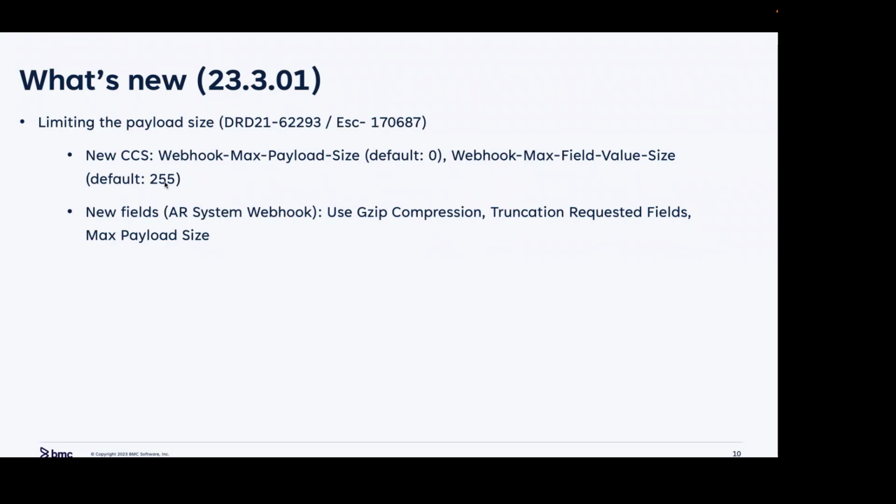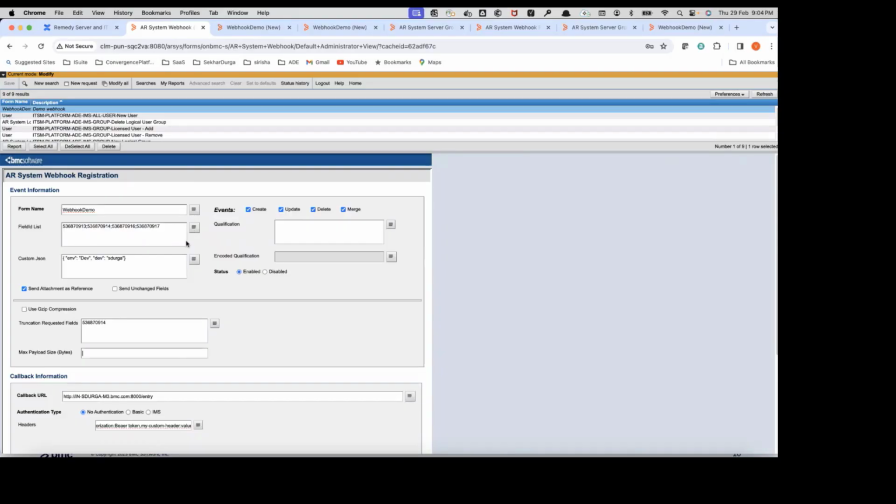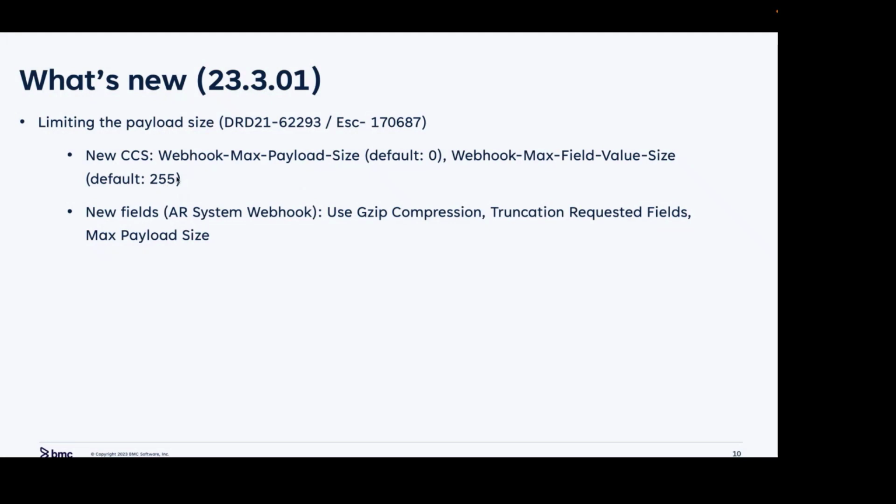You can configure how much you need to keep in the field. Let's suppose you keep 255, and a field exceeds this 255, let's suppose 500, then it truncates to 255 and keeps that in the payload. So that's how this CCS works.